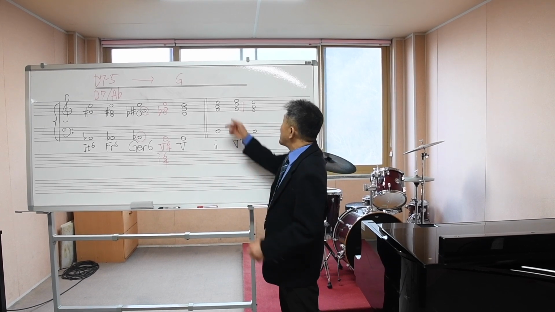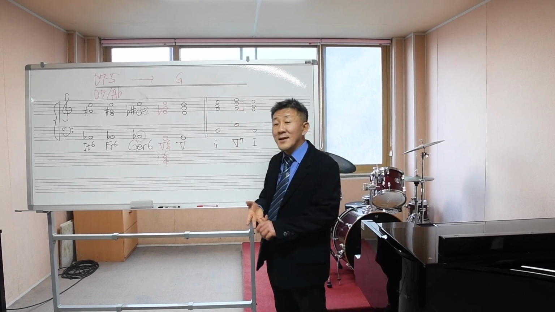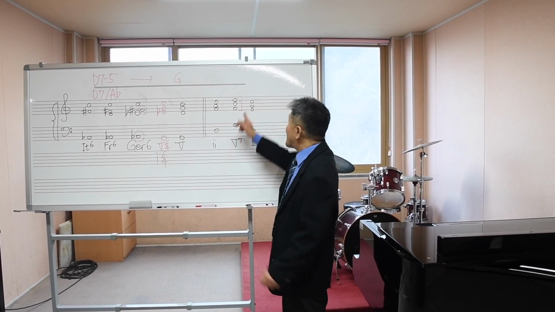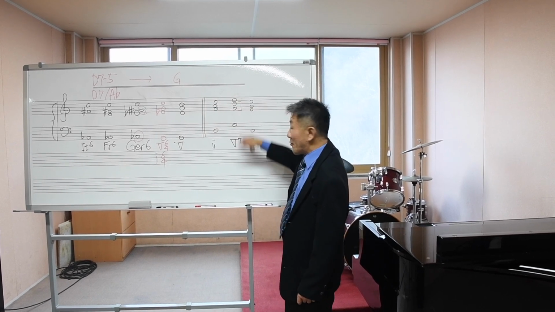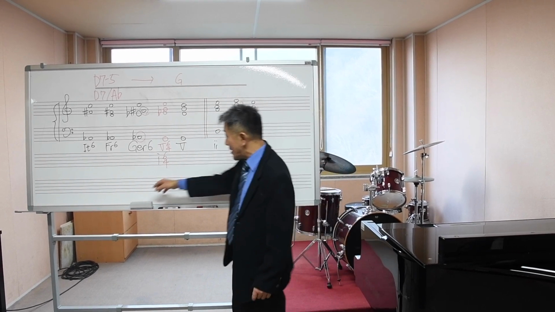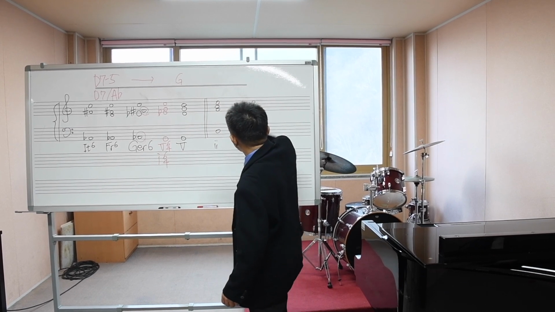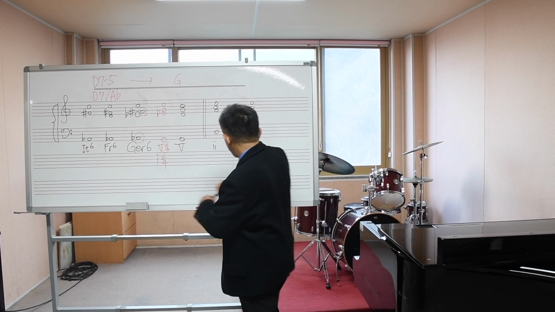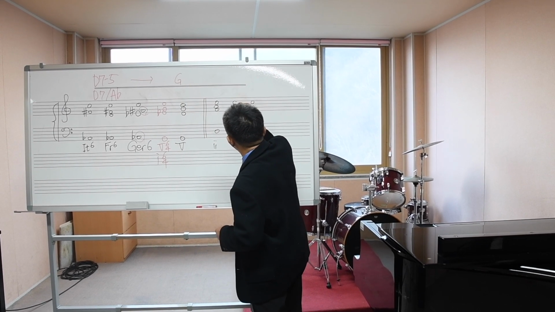So F will become a C flat, and B natural will become F. Now, if you transpose this chord by a tritone, you get this strong sounding chord, right?